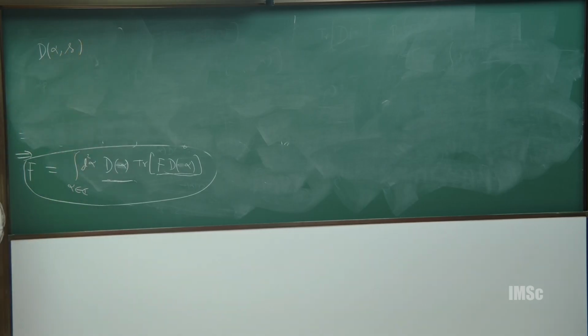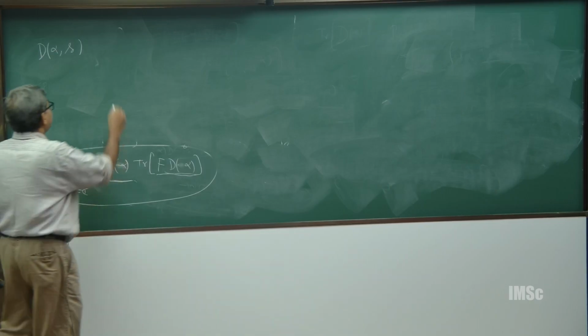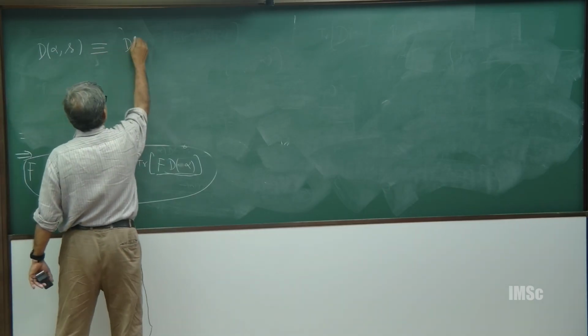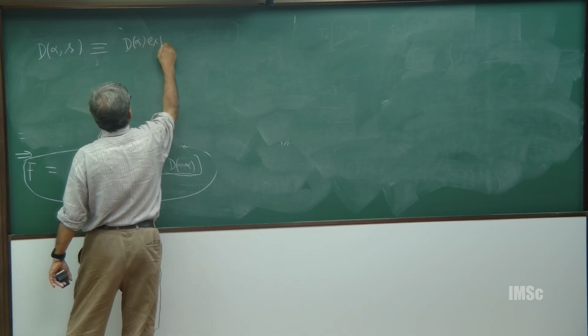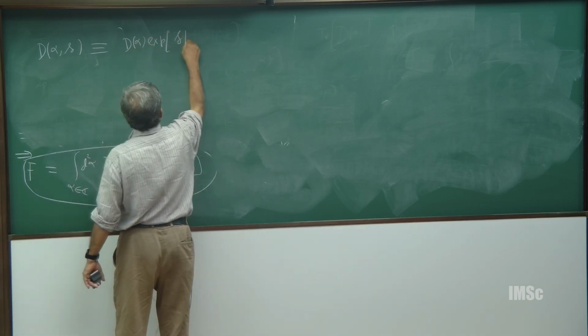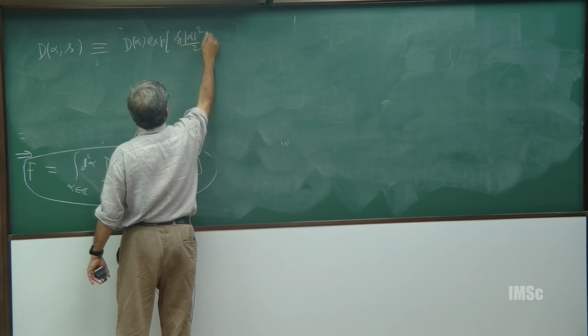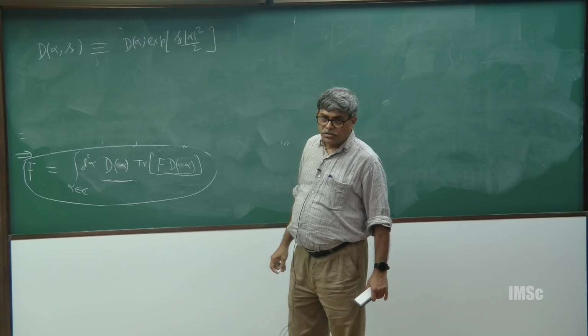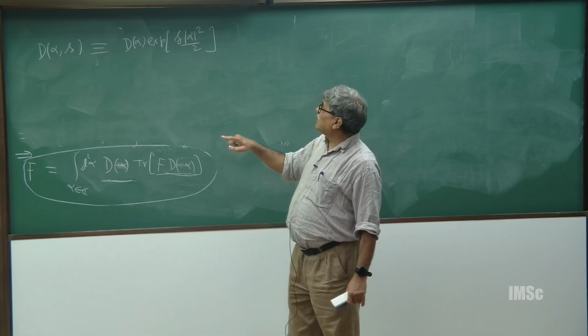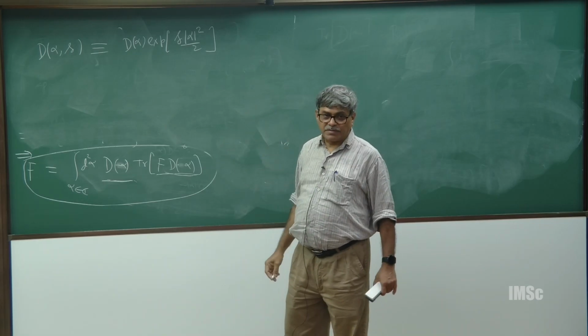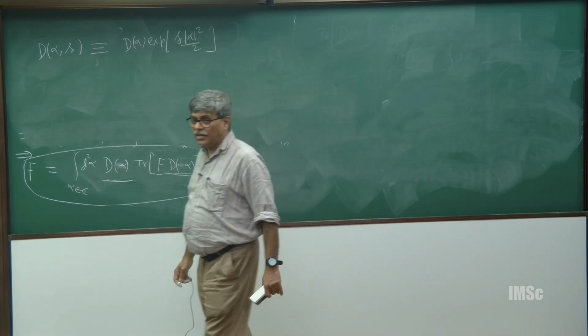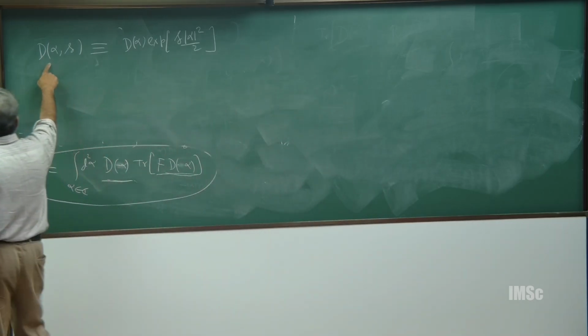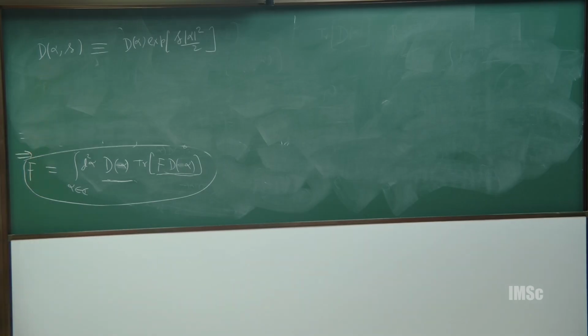s is a complex number, alpha is also a complex number, and the definition is D of alpha times exponential of s mod alpha square by 2. So this is my new definition, a modified, or S-parameterized, displacement operator.